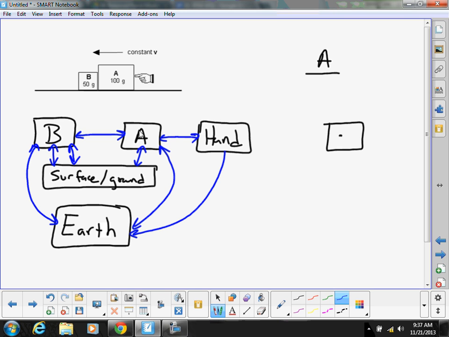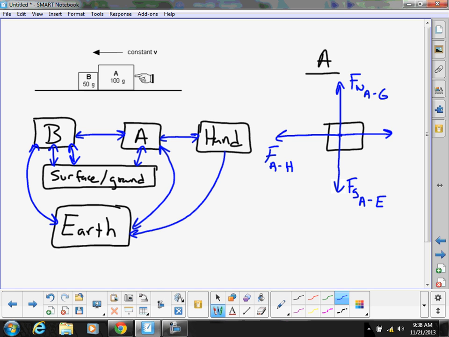We have the force of gravity acting on block A by the earth. We have the force on block A by the hand. We have the normal force acting on block A by the ground. And then once again, we have to have a force of friction on here. And so we have the force of friction on block A by the ground.